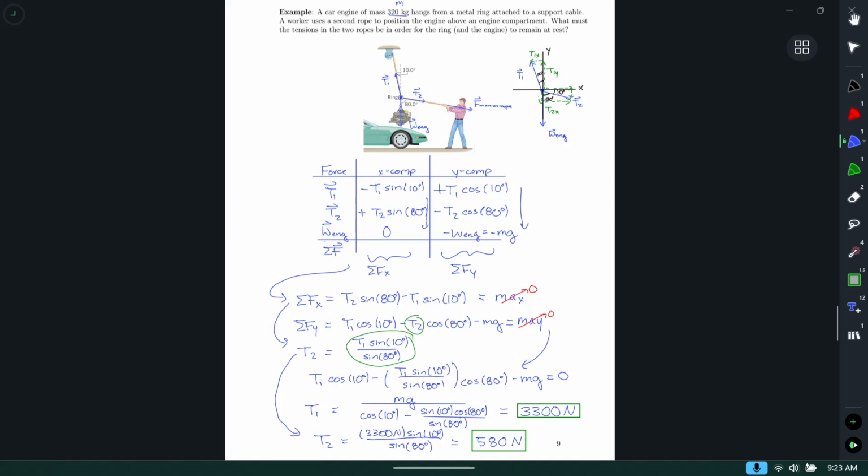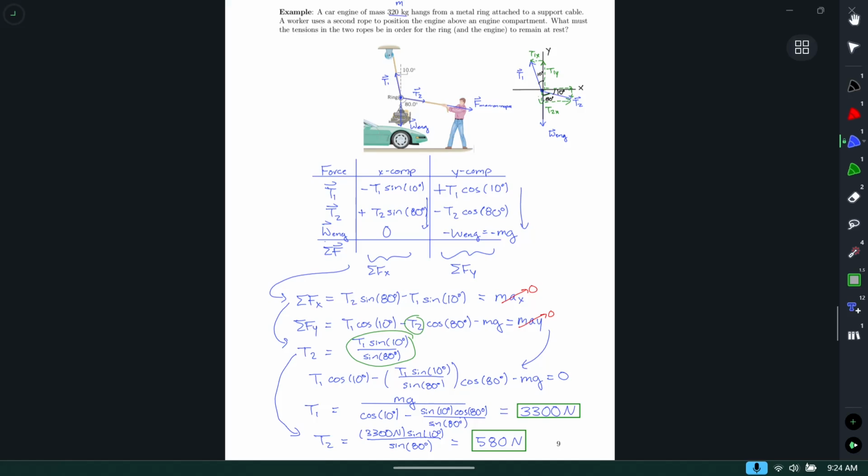Why is T1 bigger than the weight of the engine? Okay, well, it's not only having to support the engine's weight, it's having to support you pulling on the ring with tension T2. You're pulling a little bit downwards. And so T1's having to counteract that downward pull from you in addition to the engine's weight. That's going to give a number bigger than just the engine's weight alone.